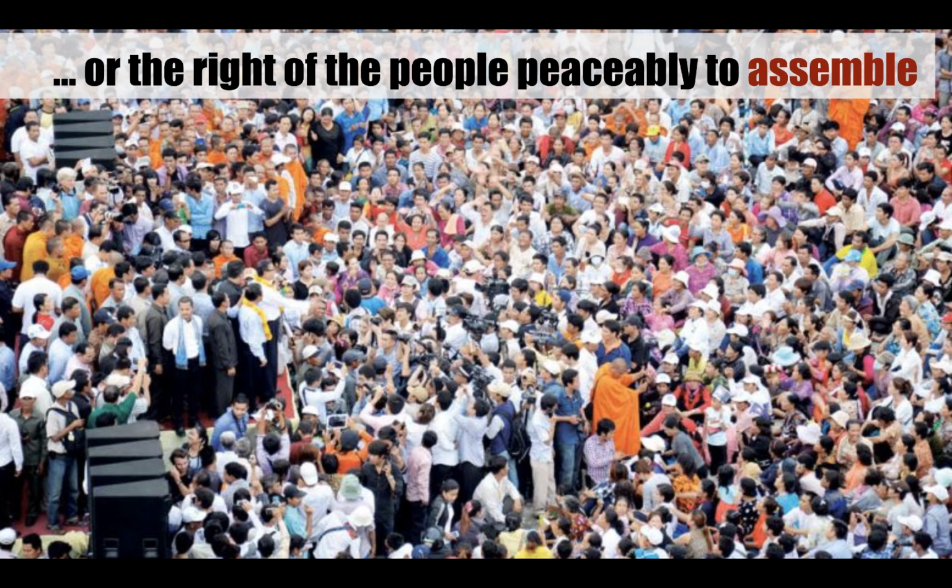The fourth freedom in the First Amendment is the right of the people peaceably to assemble. This is the idea that the citizens of the United States can get together to assemble, especially if it's a political assembly. And the Supreme Court has ruled that even if it's an unpopular idea, the people still have the right to peaceably assemble.